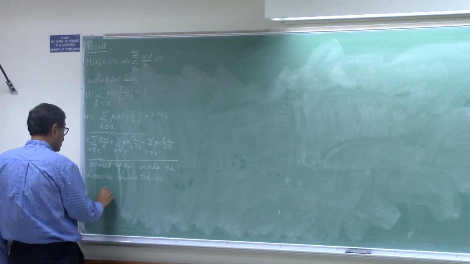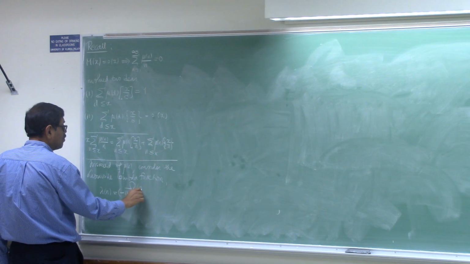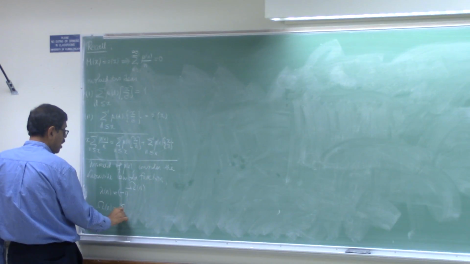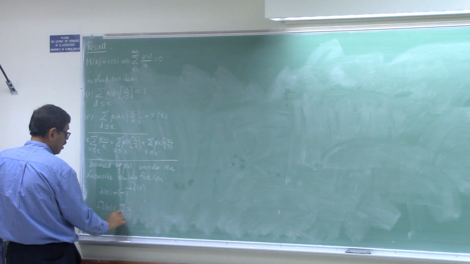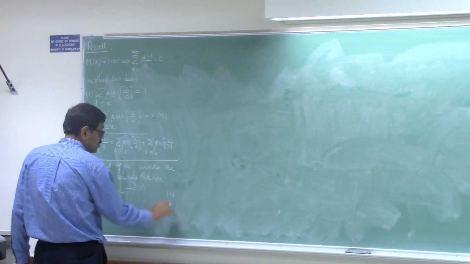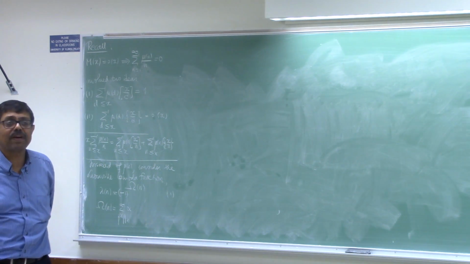It is lambda of n equals minus 1 to the total number of prime factors of n. So that's your Liouville lambda function. It's more natural. So it's minus 1 to the total number of prime factors of n.